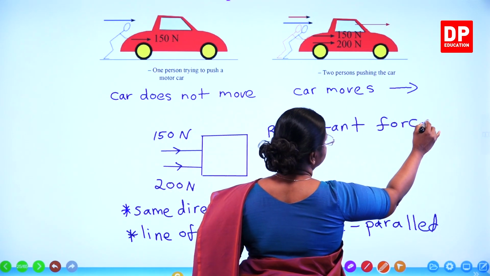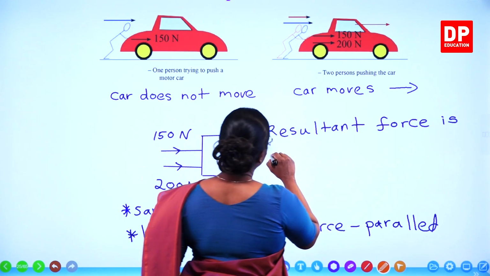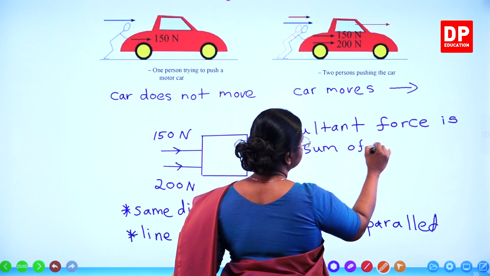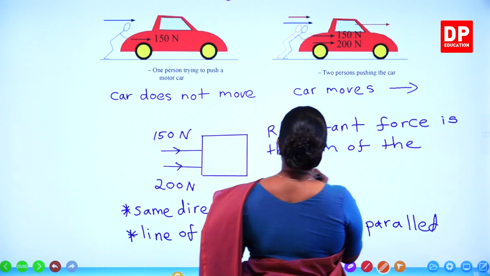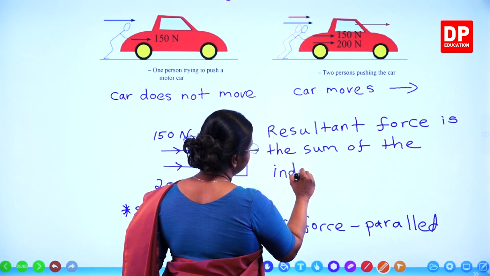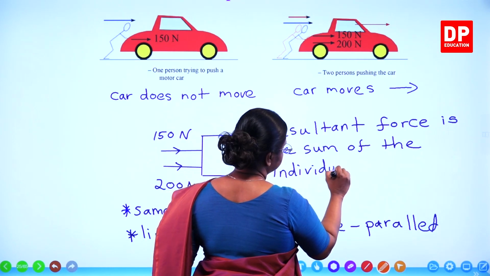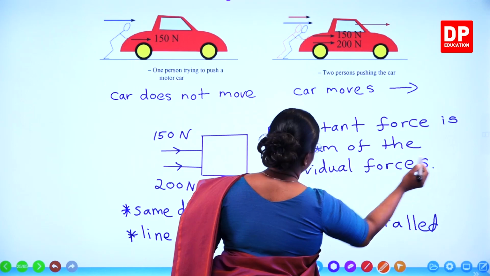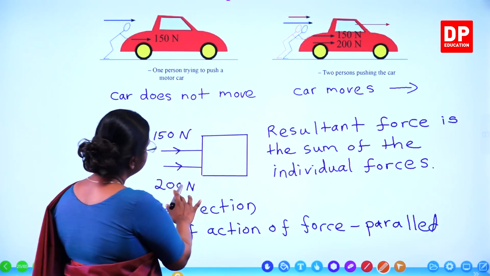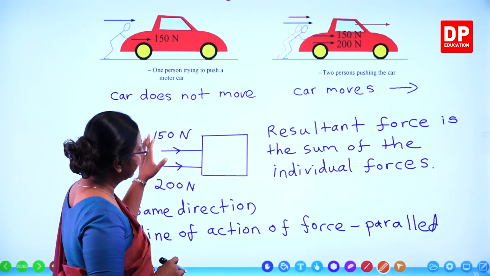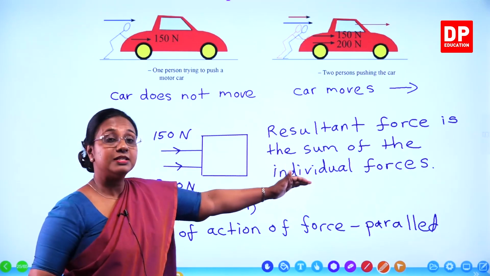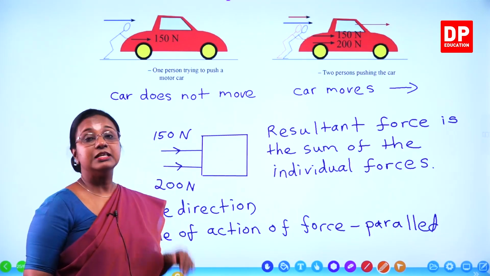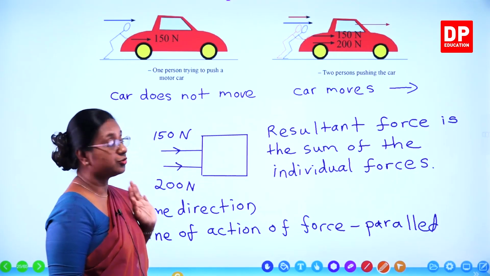Resultant force is the sum of the individual forces. So here 150 Newton, 200 Newton. They get added up. There will be a resultant of 350 Newton in the same direction as these two forces.